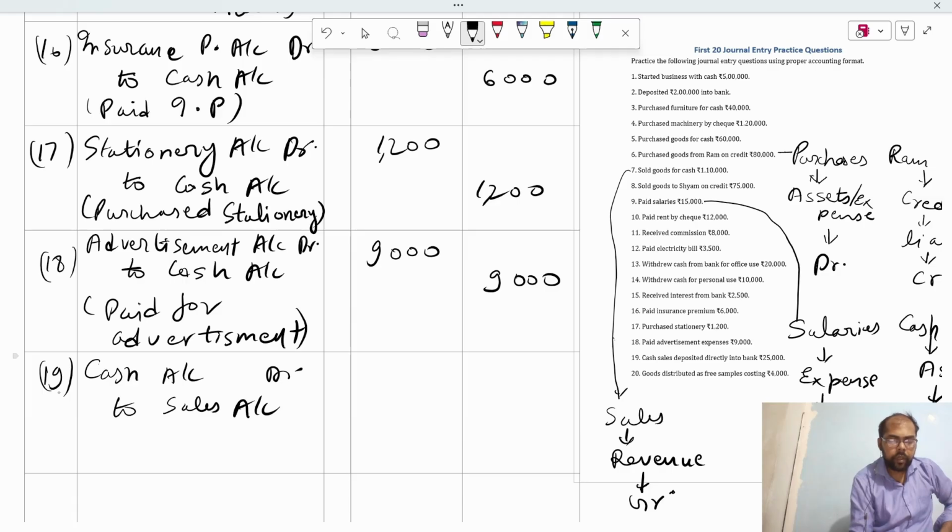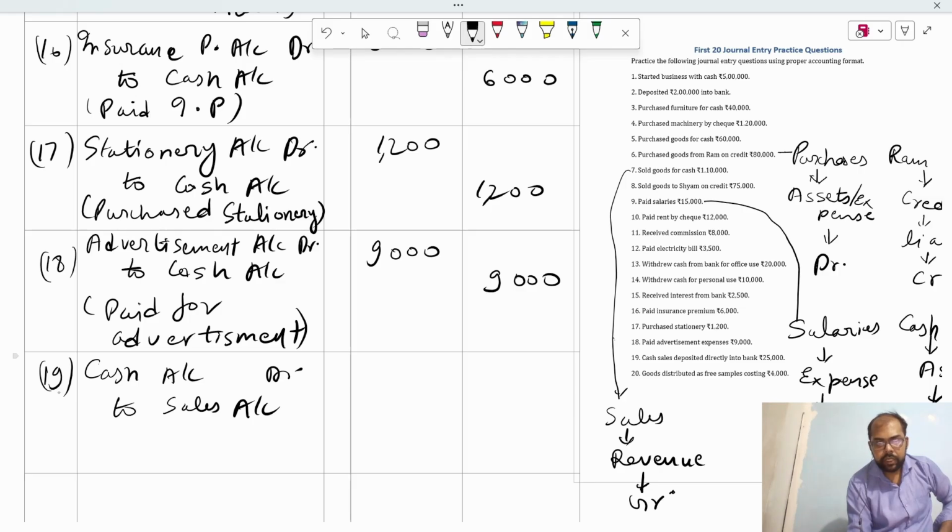Why? Cash is an asset and it is increasing, because we have sold the finished goods. Therefore debited. Sales is the revenue, as we have discussed earlier, therefore it is credited.